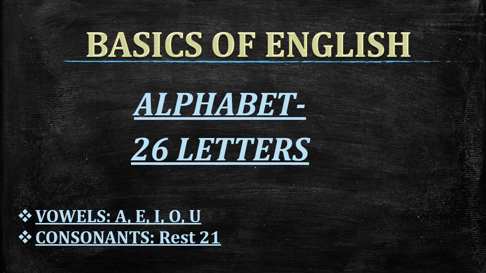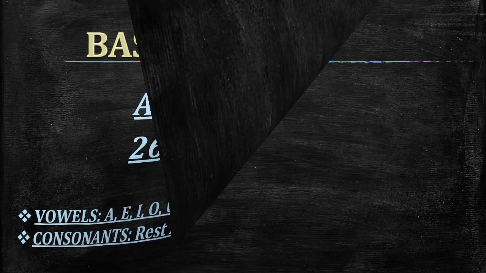In every word you will find at least 1 or 2 letters out of these 5. The rest, the 21 letters, are called consonants. Now, let's proceed with the alphabets and the sounds of each letter.